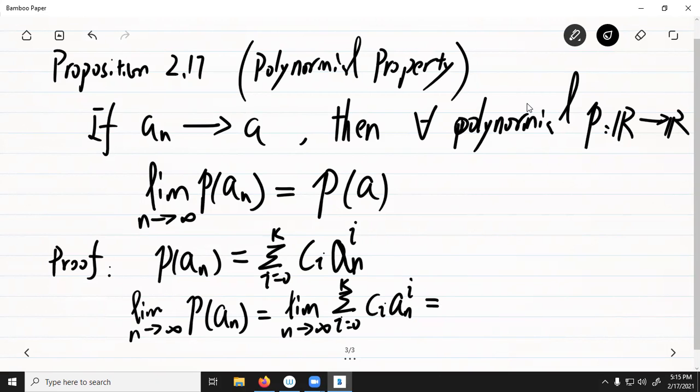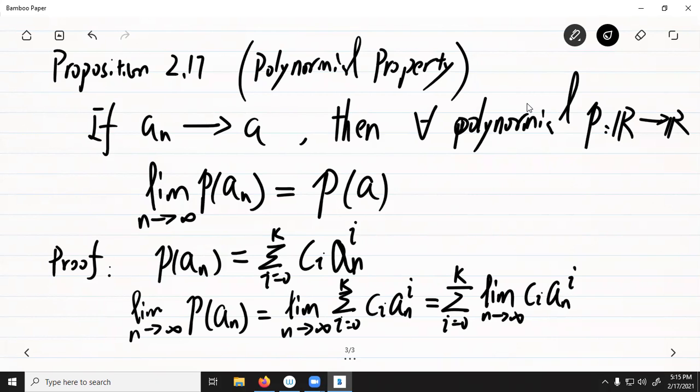Since this is a finite sum, you can use the sum property. We can take the limit for each term, so this is the sum i from 0 to k of the limit as n approaches infinity of c_i times a_n to the i-th power.